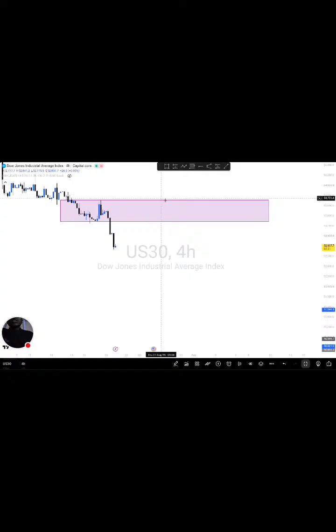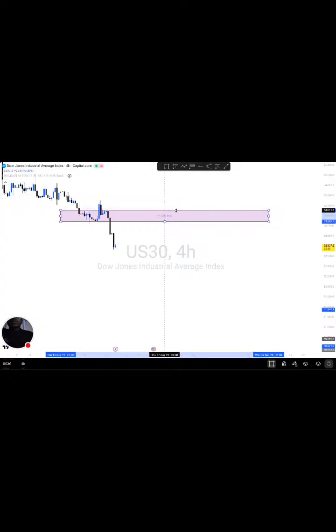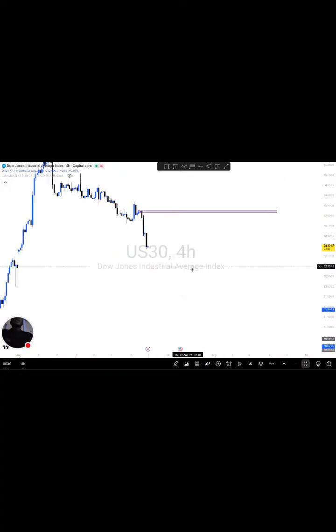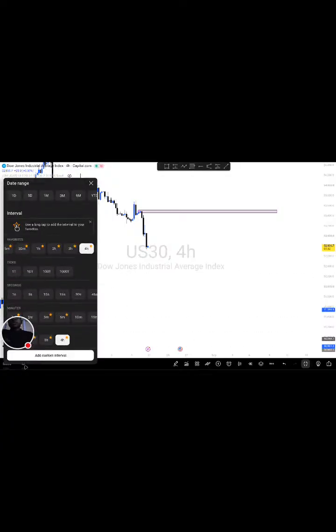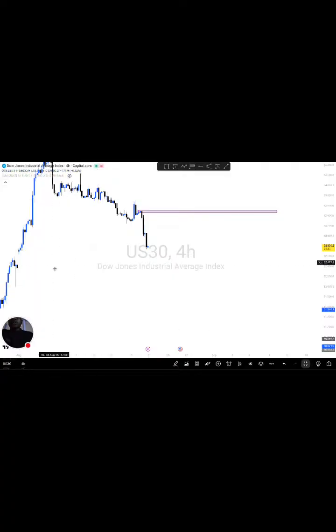So I have to adjust my order block to fit in the 4 hours time frame, as this market is still bearish. So now I have to move to the 2 hours time frame to check some validation in the 2 hours time frame.